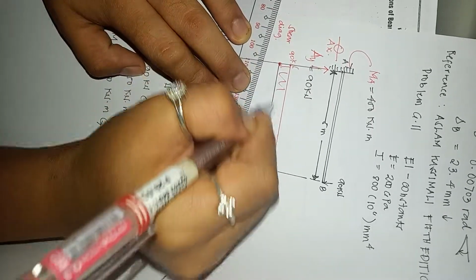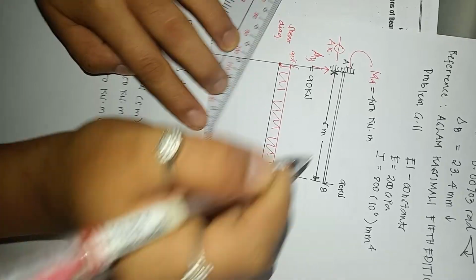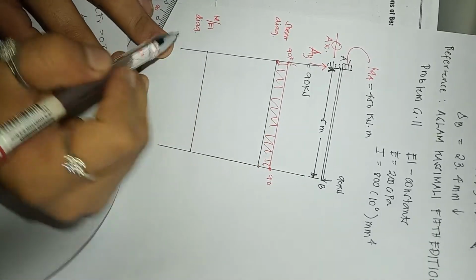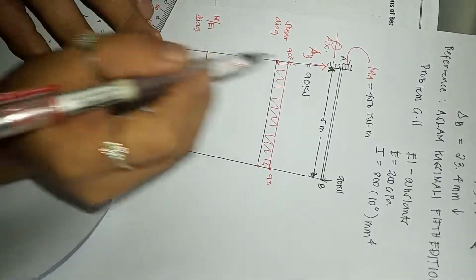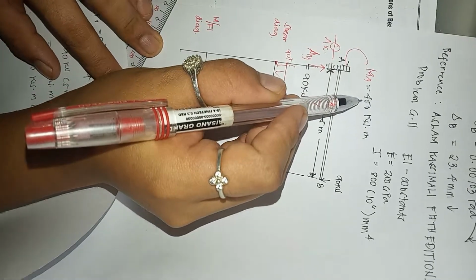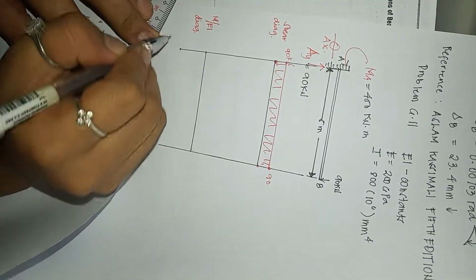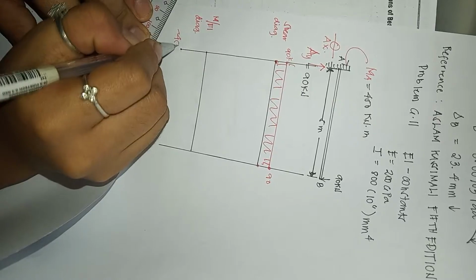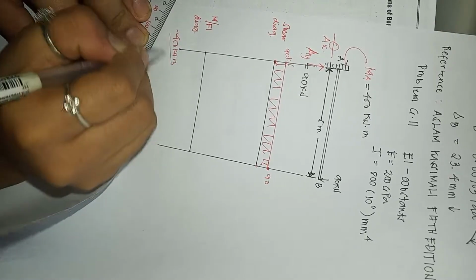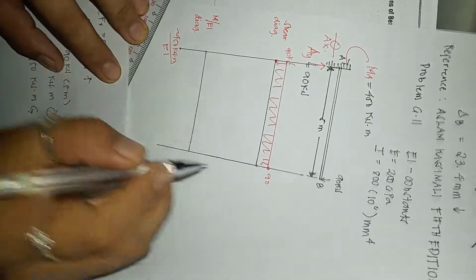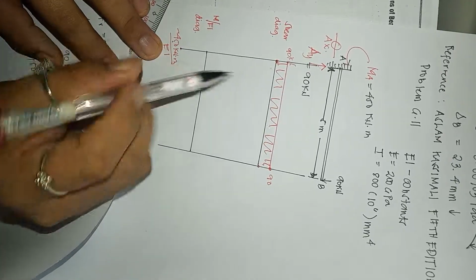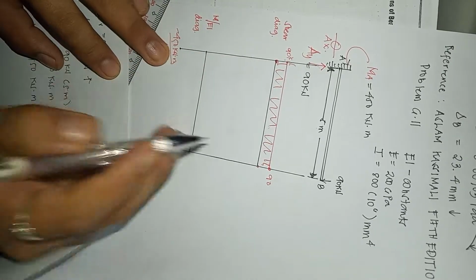This is our shear diagram. Then for the M over EI diagram, we have automatically negative 450 because it's counterclockwise, over EI. Negative 450 plus 90 times 5 is equal to 0.